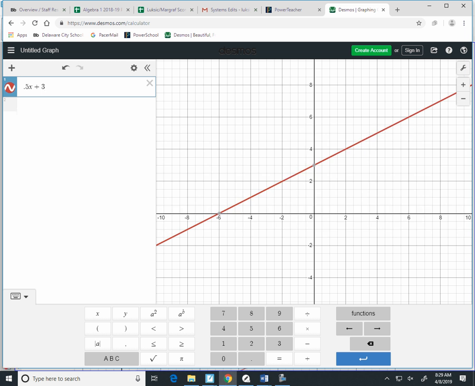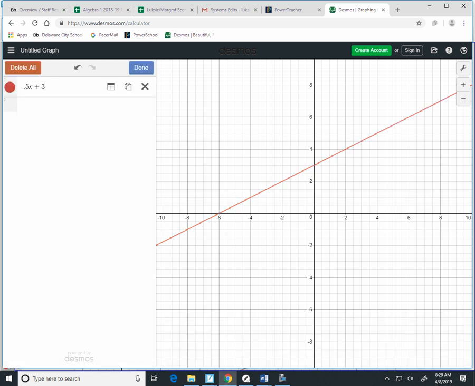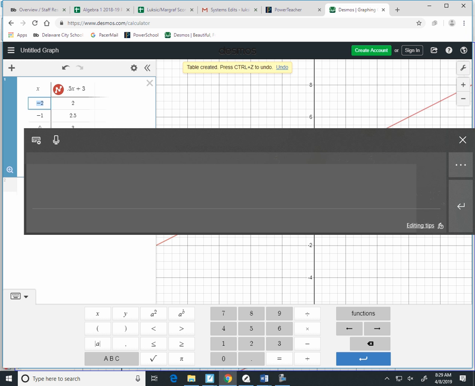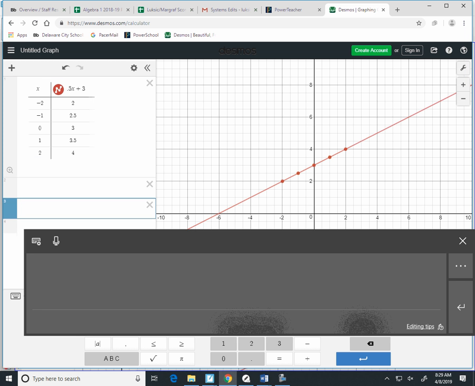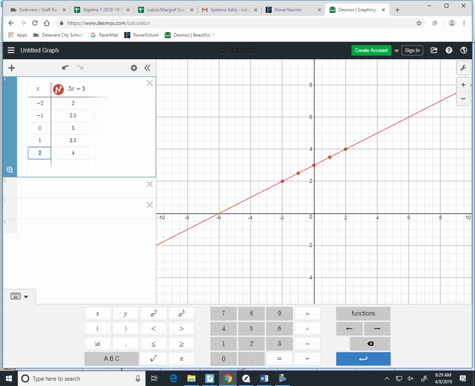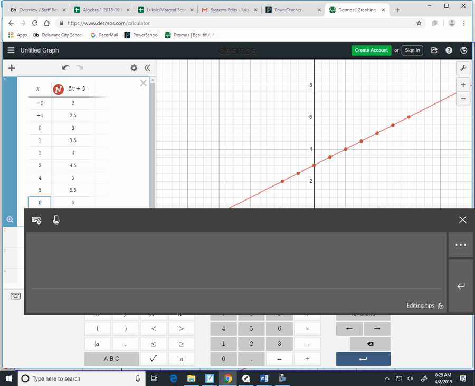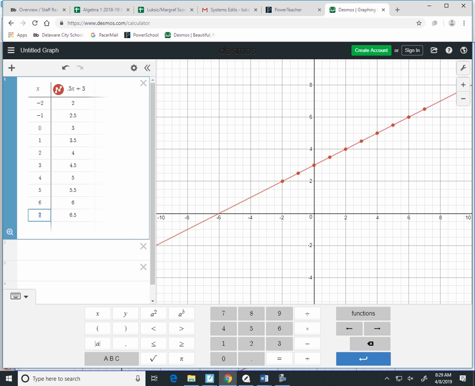And then you could look at the graph, but what's more helpful for me, I think, is to pull up that table. And 20 would be your y, so it would be this. So what you can do to figure out what x is going to be when y is 20 is just get in your table and go. It's going to take a while because our answer was actually 34.